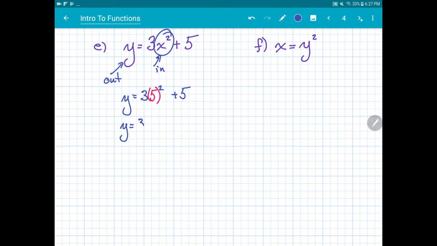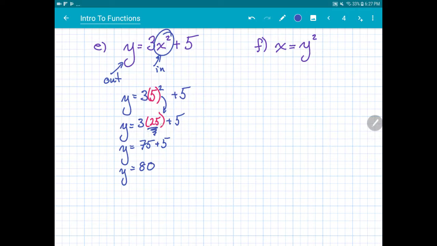So if we do 3 times 5 squared, this is going to be 25. We're still going to have to add that 5. So 25, and what do we get? We get y equals 75 plus 5. So y equals 80. And I'm just going to think of that process. Is it predictable that when you square a number, you only get one number?